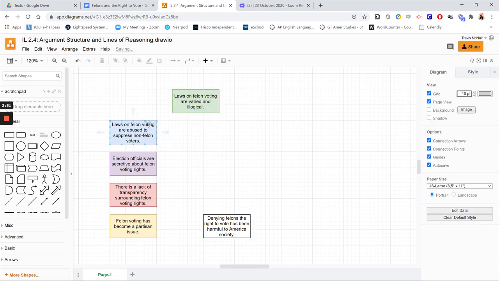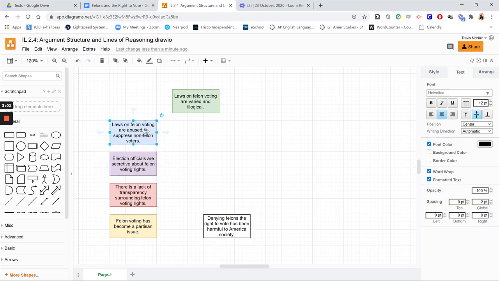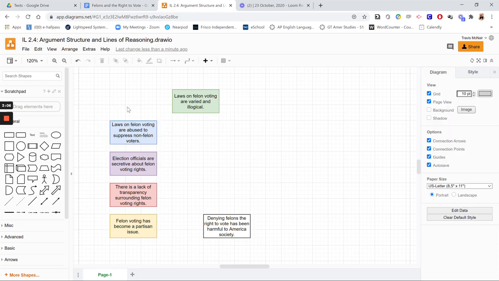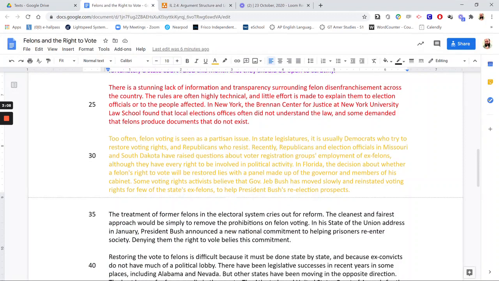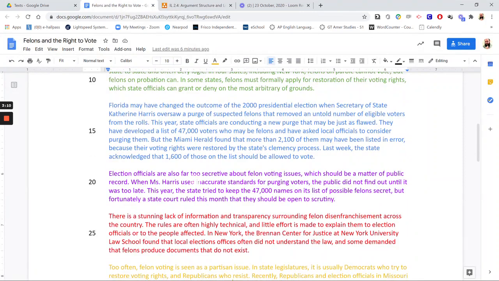Next, laws on felon voting are abused to suppress non-felon voters. And election officials are secretive about felon voting rights. Well, you know what? This fact that they're secretive goes along with how they abuse those felon voting laws. And if we look back at the paragraph here, we even see that paragraph 4 says election officials are also far too secretive.